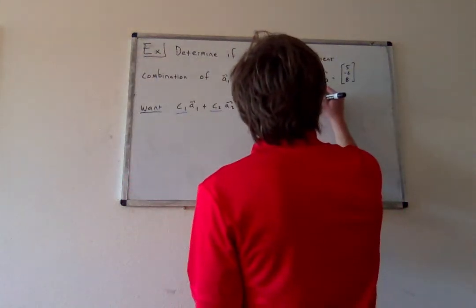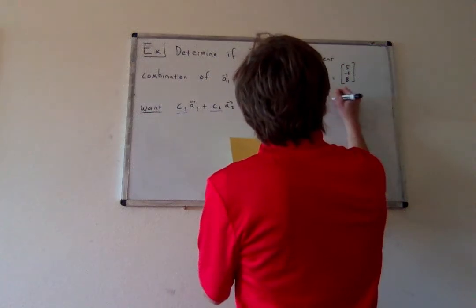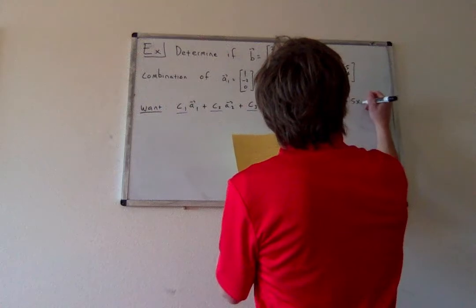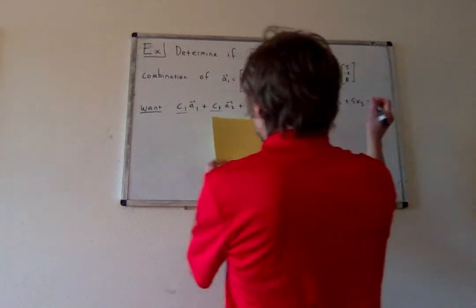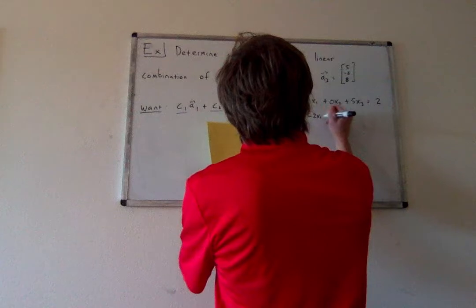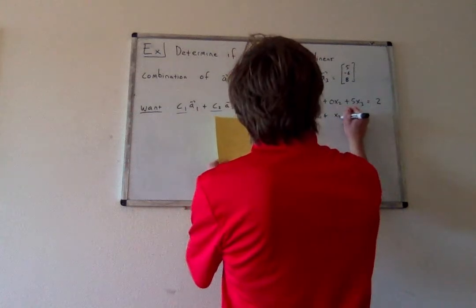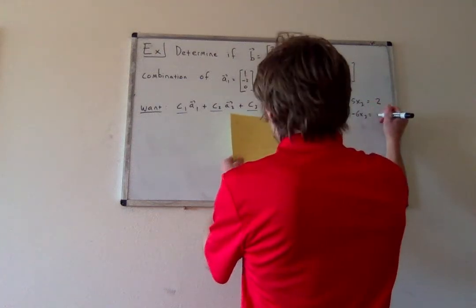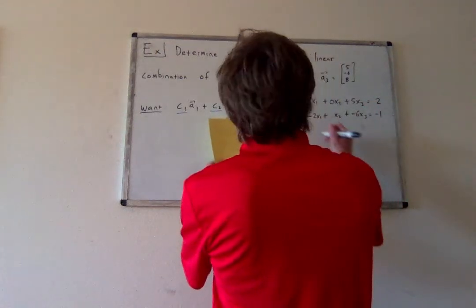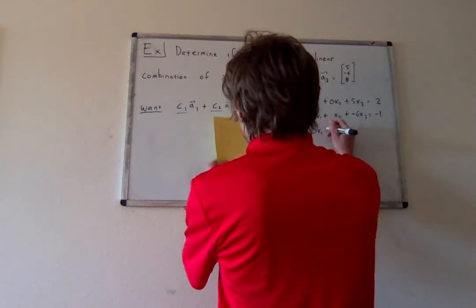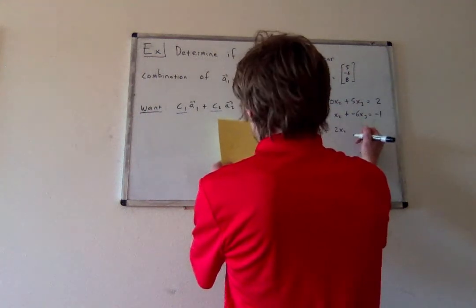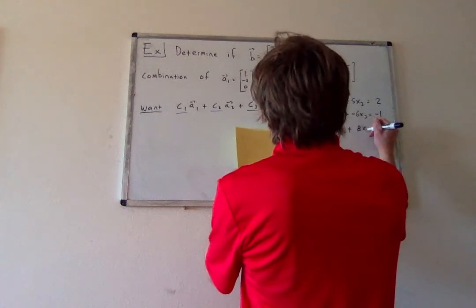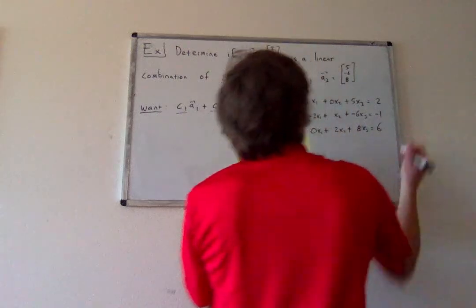So it is equivalent to solve x1 plus 0x2 plus 5x3 equals 2, negative 2x1 plus x2 plus negative 6x3 equals negative 1, and finally 0 times x1 plus 2x2 plus 8x3 is equal to 6.